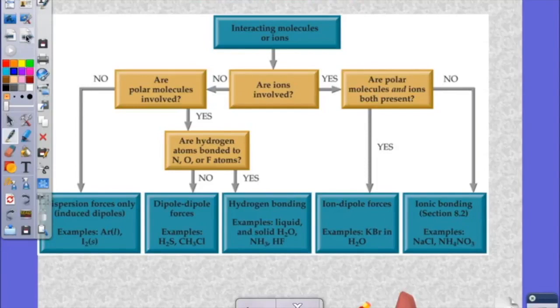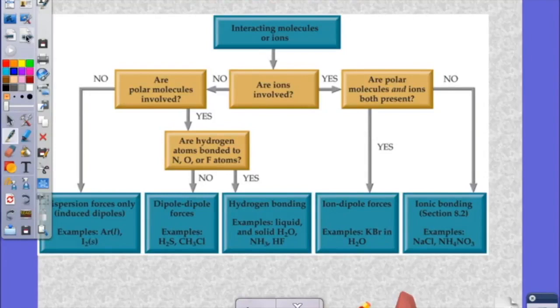Hydrogen bonding exists between hydrogen and fluorine, oxygen, and nitrogen. They are in one line on the periodic table, F-O-N. When those are bonded with hydrogen and they have the intermolecular force between them, then you have hydrogen bonding.